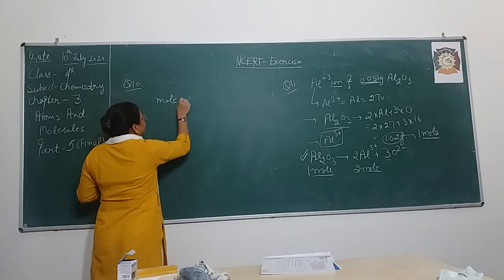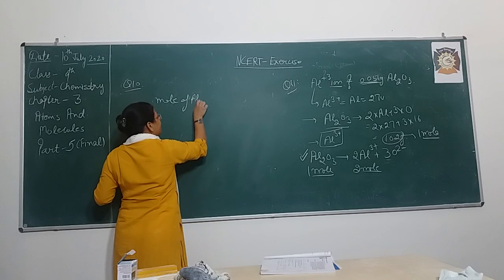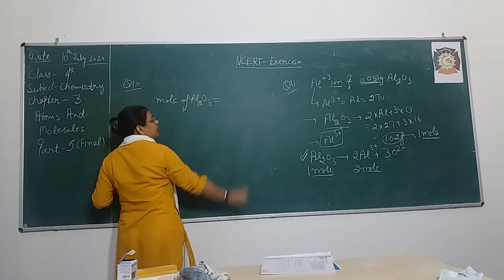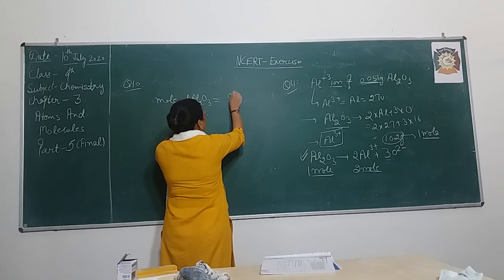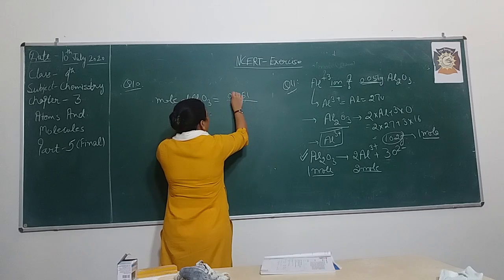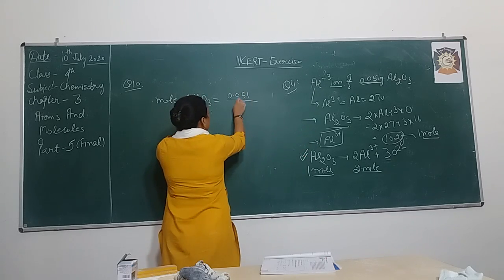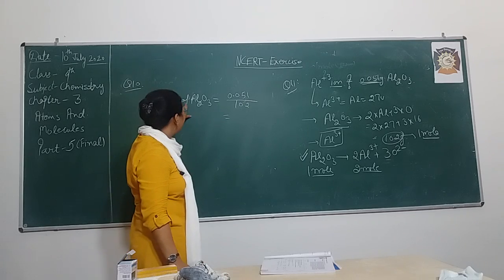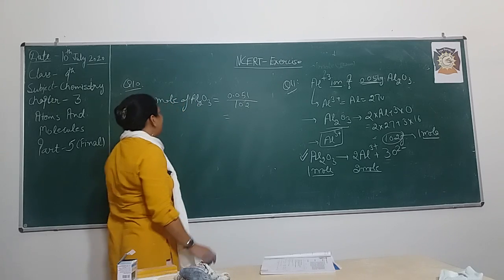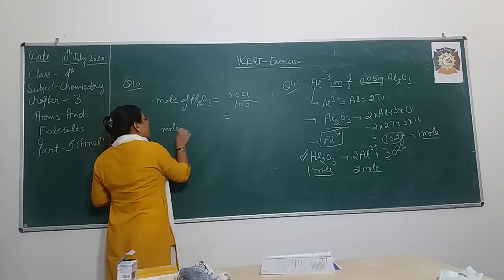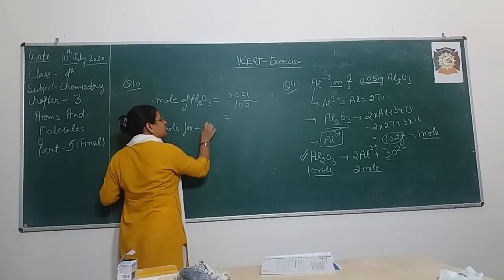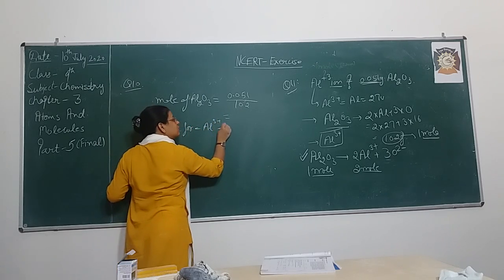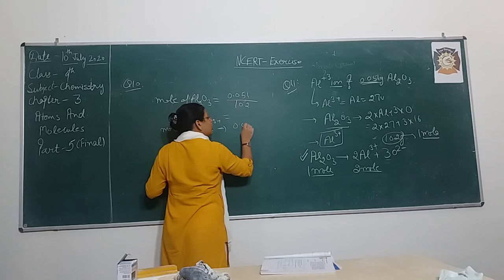So we calculate firstly the moles of aluminium oxide. Given weight is 0.051 and its molar weight is 102. These are the number of moles for aluminium oxide, and for Al3 positive ions, you just have to multiply it by 2.